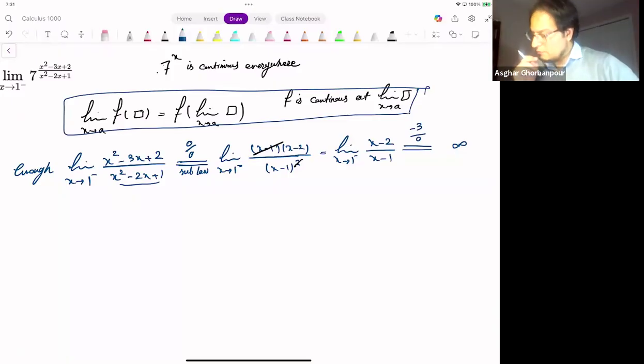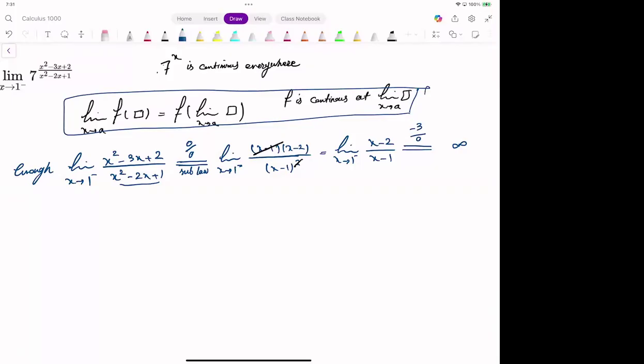Can anyone tell me if this is a positive infinity or negative infinity? Is the result of this limit positive infinity or negative infinity? Positive infinity. How do you see that?